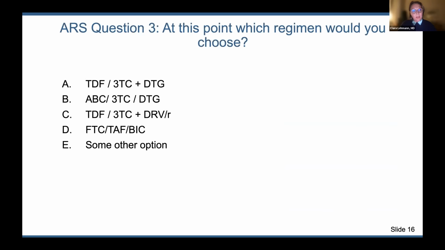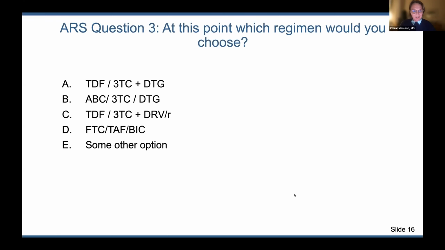And now the question would be what you could do and what would be ideal for this patient. We have different questions and different answers. A dolutegravir-based treatment would be answer A and B, or darunavir, or bictegravir, or any other option.